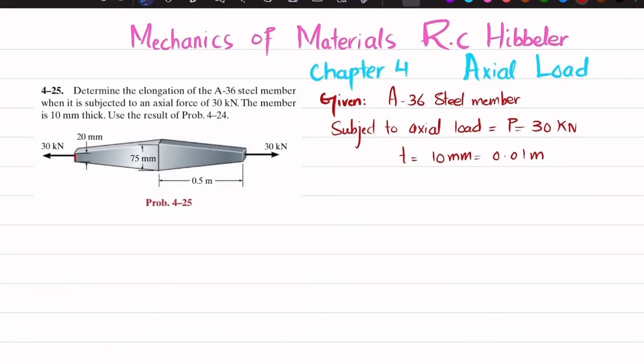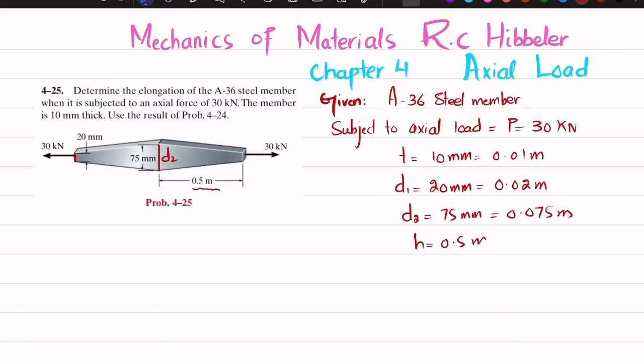Now you can see this smaller width is taken as D1, and that D1 is equal to 20 millimeter. In meter it is equal to 0.02 meter, and this width, which is the largest width, is taken as D2, and this D2 is equal to 75 millimeter, and that is equal to 0.075 meter. Also you can see that this is the height of half of the portion, and this height is taken as 0.5 meter.